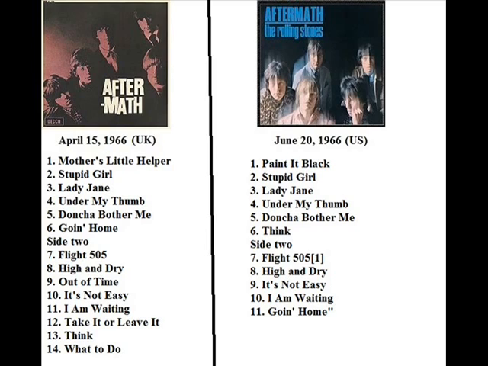But the difference is the US version of Aftermath doesn't include 4 UK songs: Out of Time, Take It or Leave It, What to Do, and Mother's Little Helper. So that would have left the US album with 10 tracks, so they just put a single on there, Paint It Black, as the opening track.